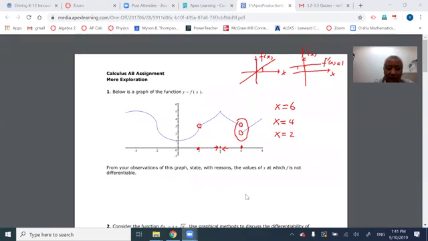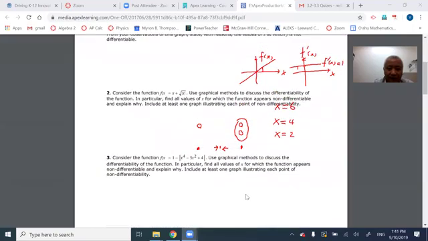Okay, let's move on. We go to this one, the second one. They said, consider the function f(x) equals x plus the square root of the absolute value of x.